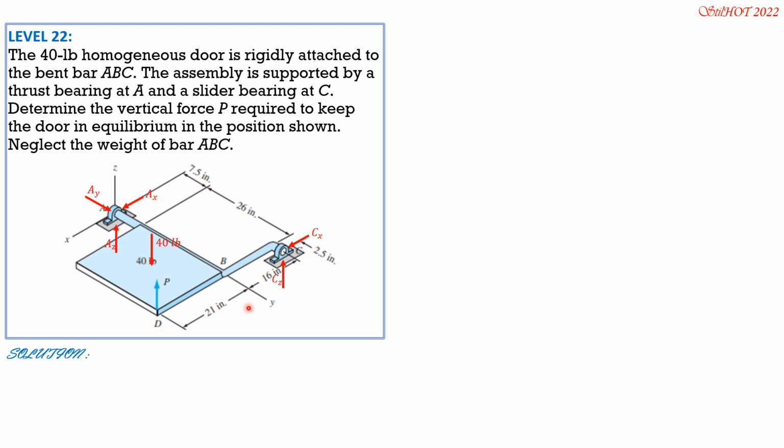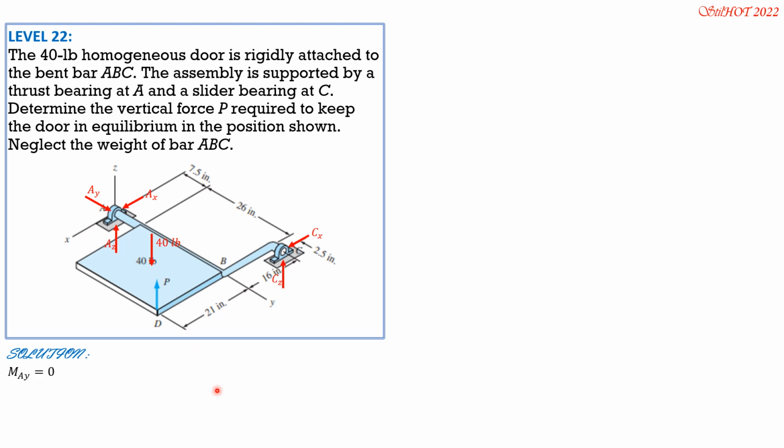First, summation moment about AY so that we can have CZ and P as unknowns. Then summation moment about AX so that same unknowns are involved.